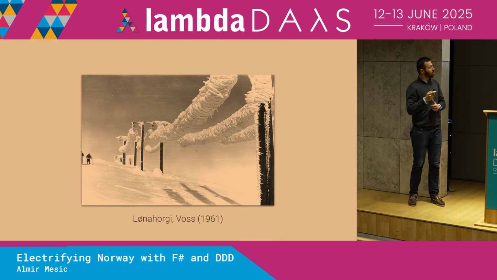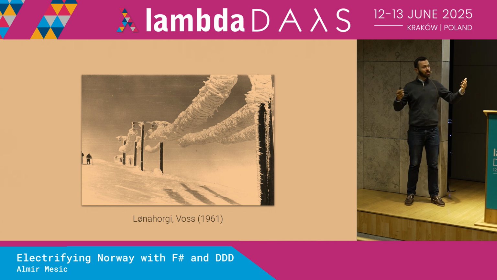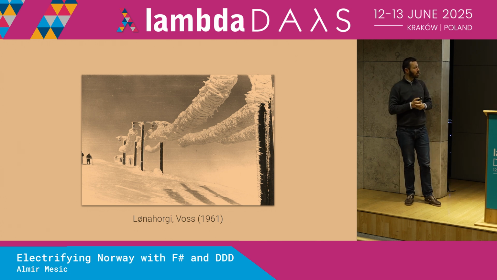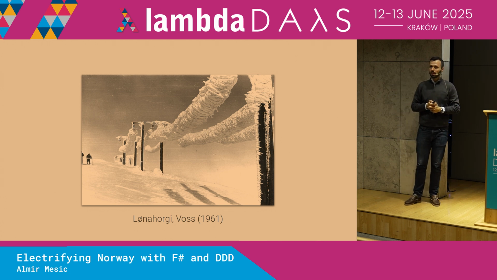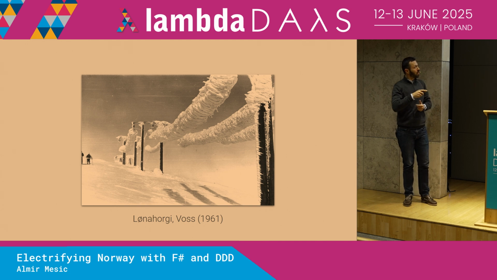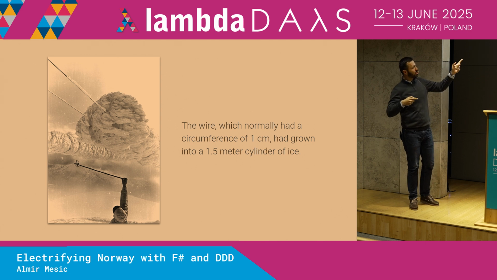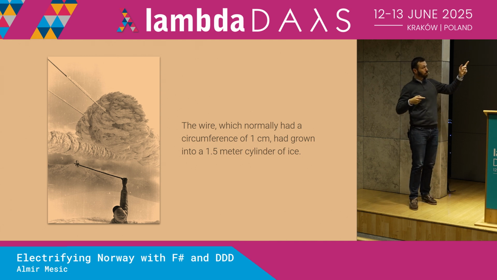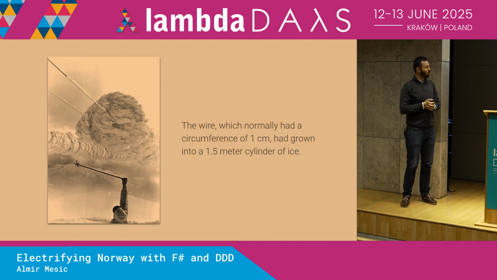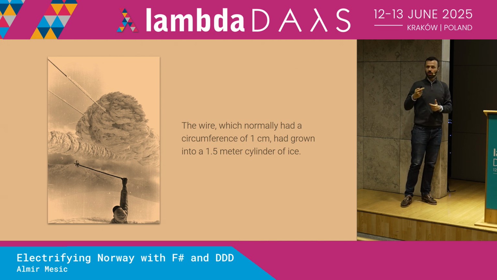So just to showcase an extreme example, this is a photo taken at Lønahorget at Voss, 1961. What you see here is ice being frosted around the power line. So the wire, which normally had the circumference of 1 centimeter, had grown into a 1.5 meter cylinder of ice.